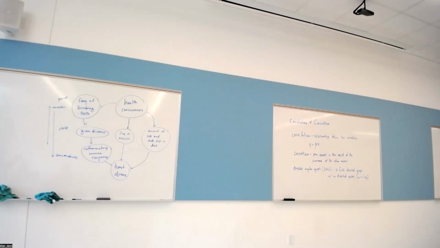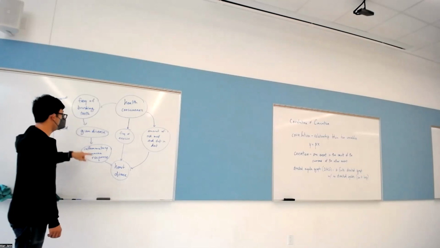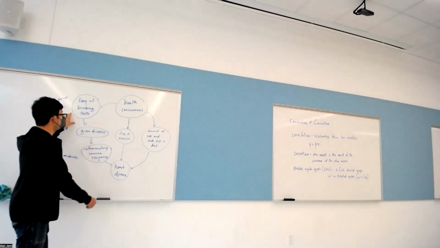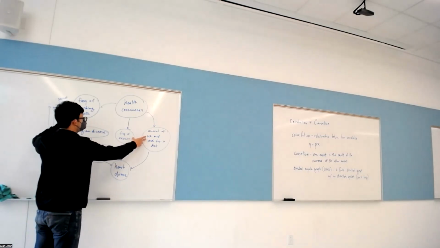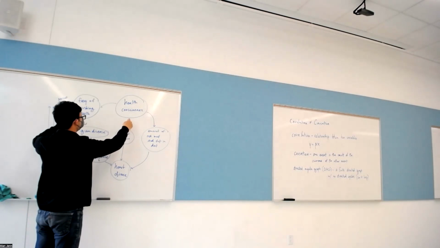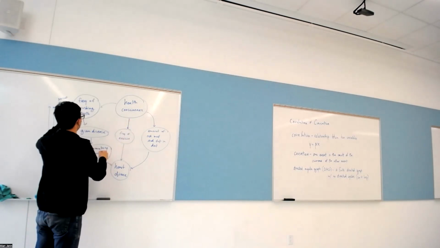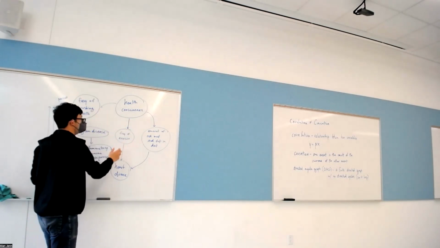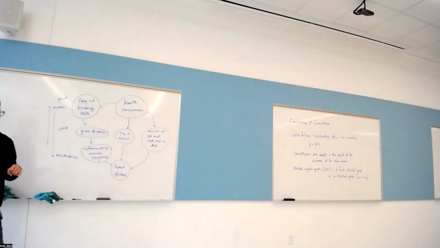This is called backdoor. So you want to block all of the indirect paths of X to Y, which means by controlling for these, you can essentially block the effect of these in your health consciousness. So yeah, that's one way to do it.